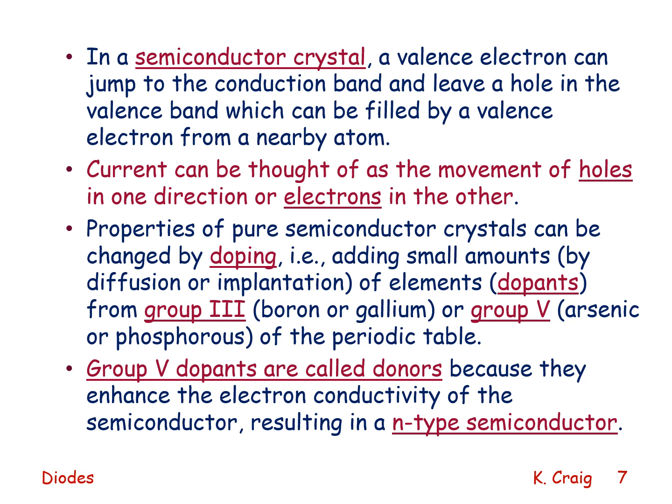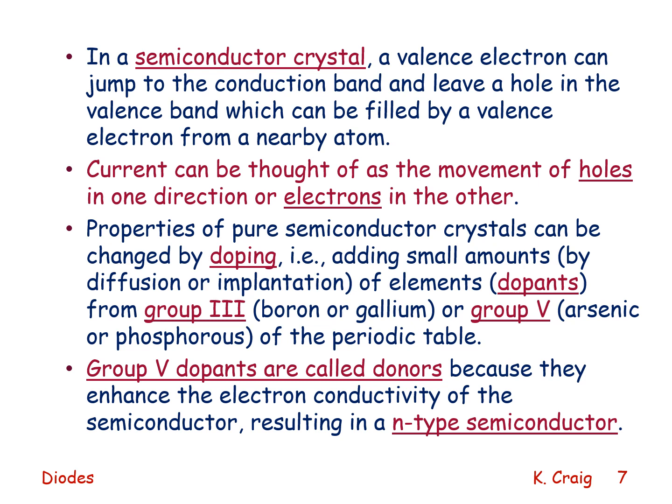In a semiconductor crystal, a valence electron can jump to the conduction band and leave a hole in the valence band, which can be filled by a valence electron from a nearby atom. Current can be thought of as the movement of holes in one direction or electrons in the other.